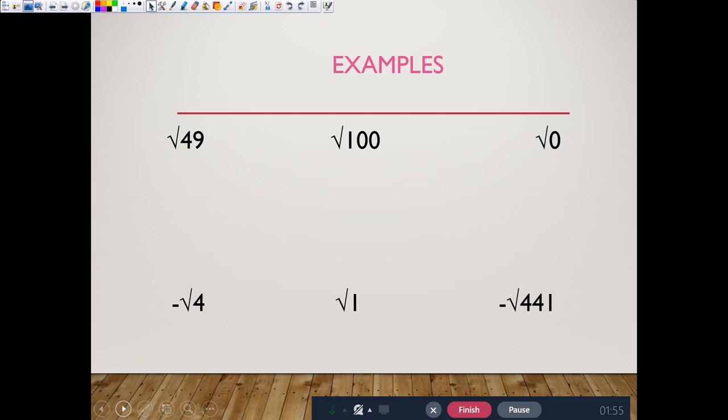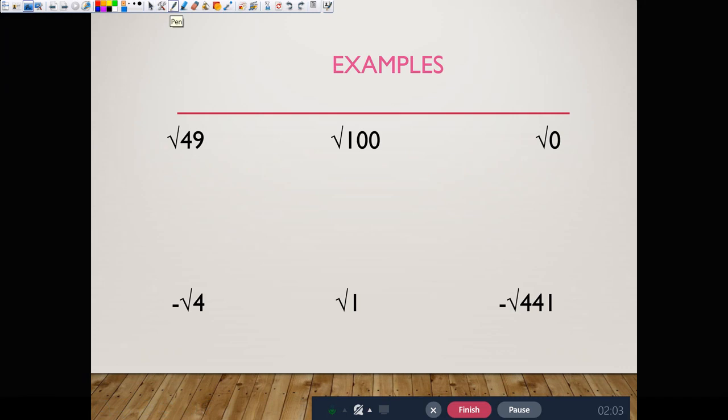What about negative 7 times negative 7? Is that 49? Yeah. So whenever we have a positive square root, so there's not a negative sign on the outside, we're always going to have two answers. We're going to have the positive and the negative answer. This is called the plus or minus symbol, and it would be 7.